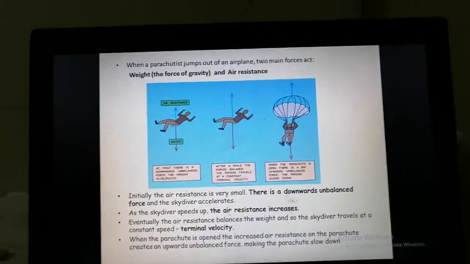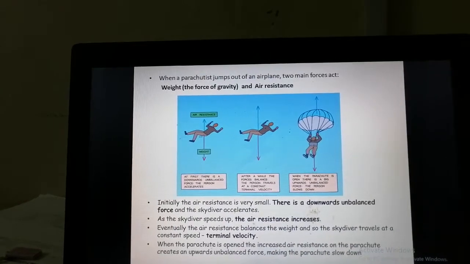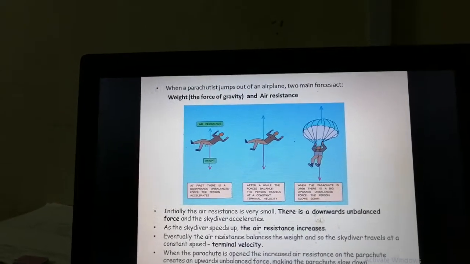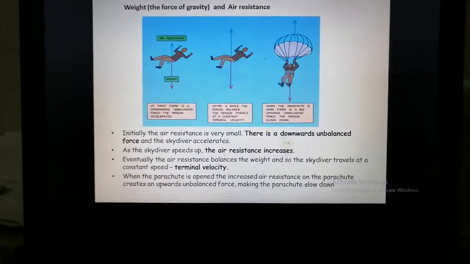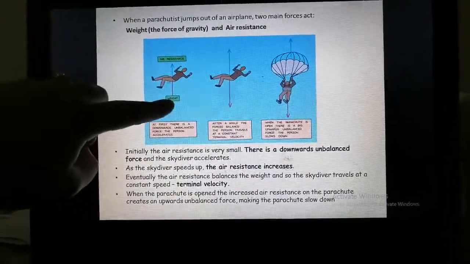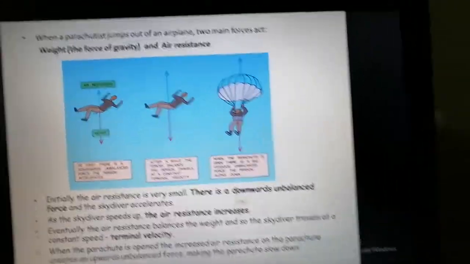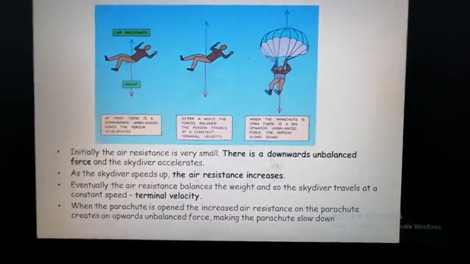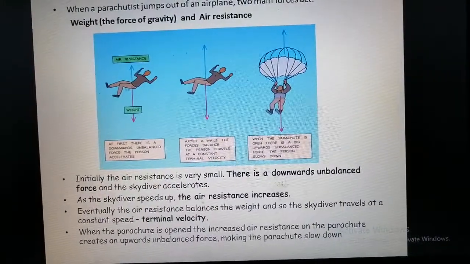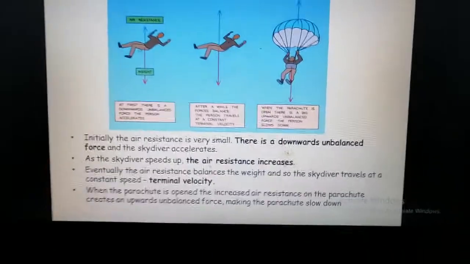When a parachutist jumps out of an airplane, two main forces act, which are weight and air resistance. The weight goes down and then air resistance. Do you still remember what is the function of air resistance? To oppose the motion, right?